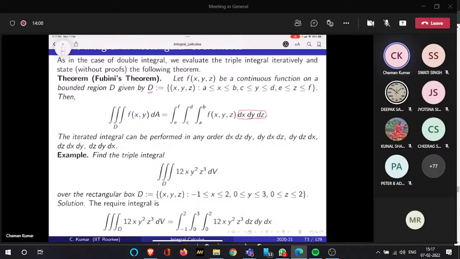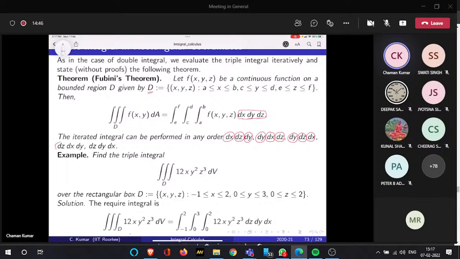But you can interchange the order also. You can perform the integration with respect to x first, keeping z and y constant, then with respect to z, keeping y constant, and then with respect to y. You can also integrate first with respect to y, keeping x and z constant, then with respect to x, keeping z constant, and then with respect to z. Or y first, then z, and then x.